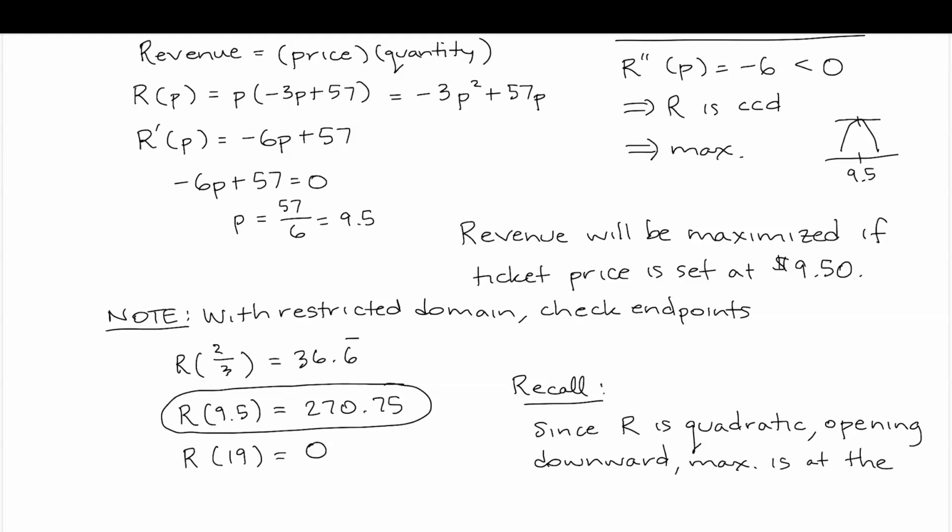The max is at the vertex, and I thought it would be a fun thing to remind you of. When we have the general form y equals ax squared plus bx plus c, the vertex is at x equal negative b over 2a. In this case, that would be negative 57 over 2 times negative 3, or as we found, 57 over 6, which again, we already knew that.